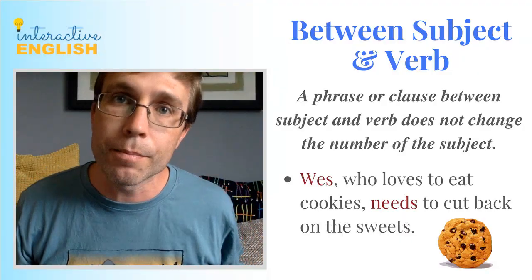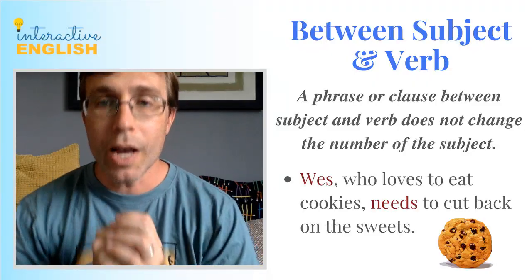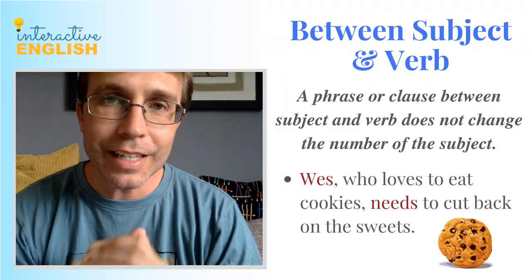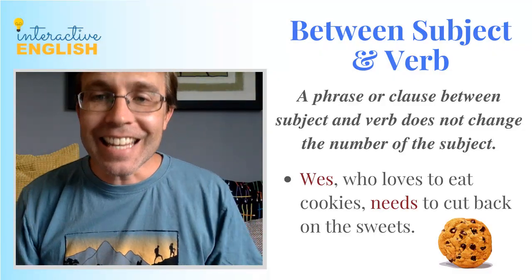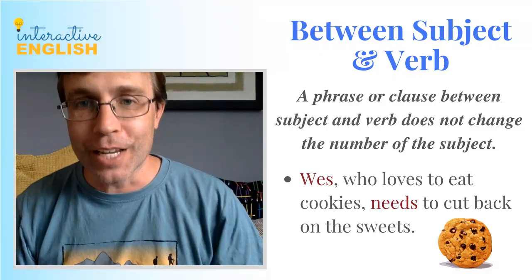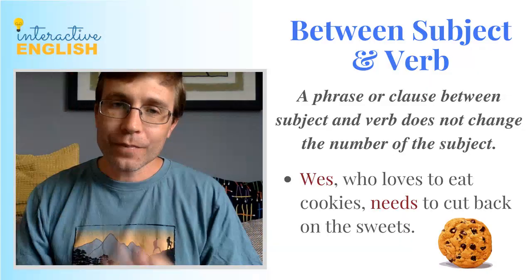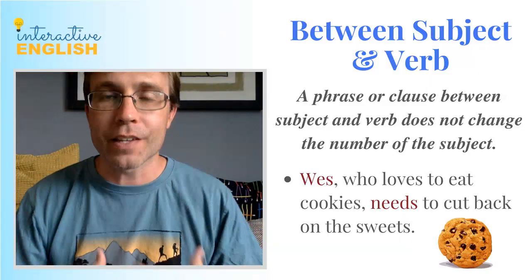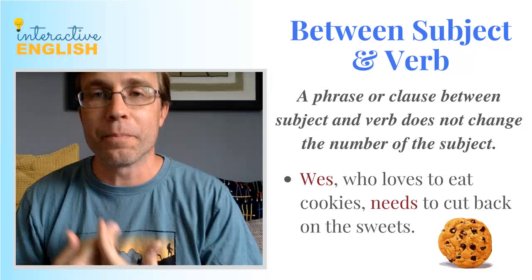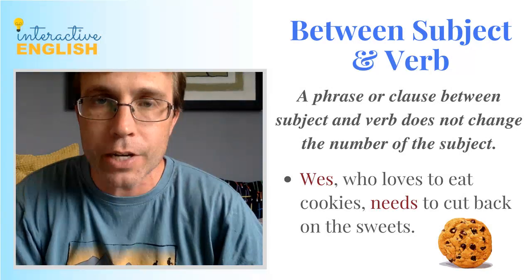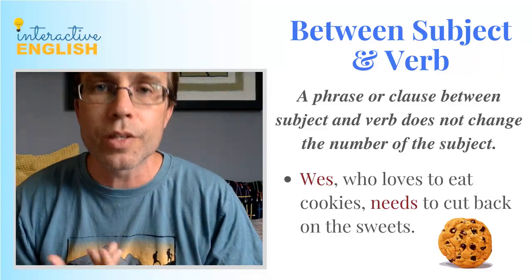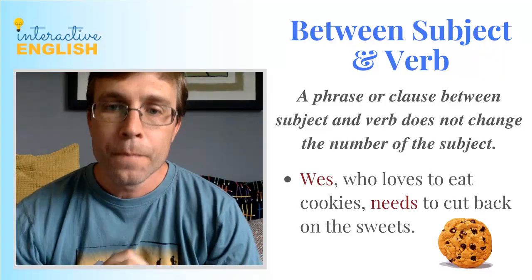Doesn't matter what comes in between them. So, Wes, who loves to eat cookies, all right, that's true, needs to cut back on the sweets, okay? So here is information between the subject Wes and the verb needs, but it doesn't change the number. It's still a singular subject, so we're going to use the singular verb needs.